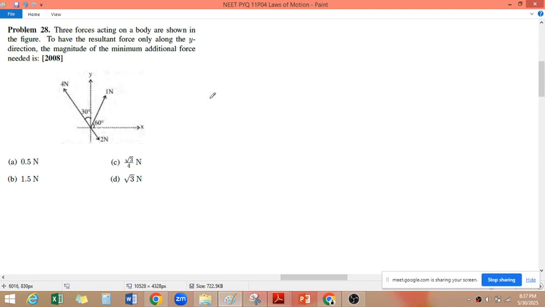So that means this will be, so that means this is nothing but 4. This is cos and this will be sine. So that means it will be 4 sine 30. This will be 1 cos 60.